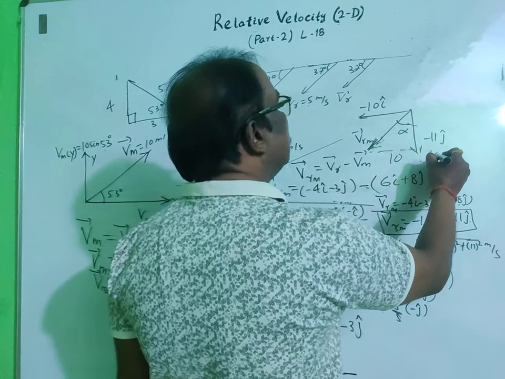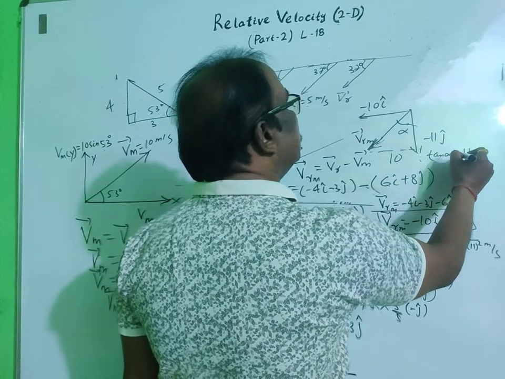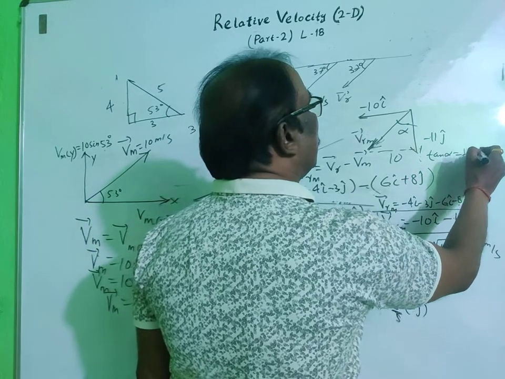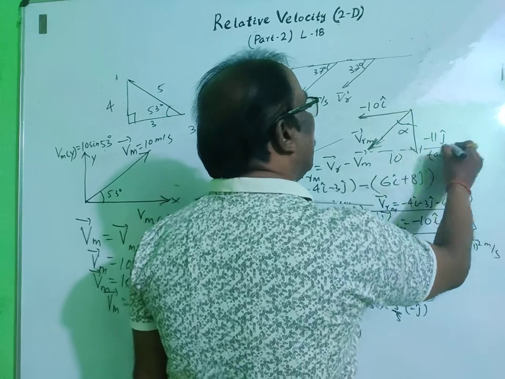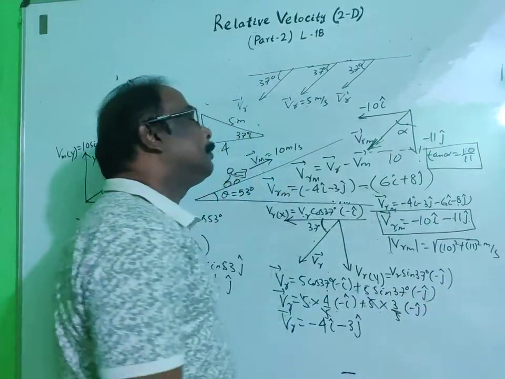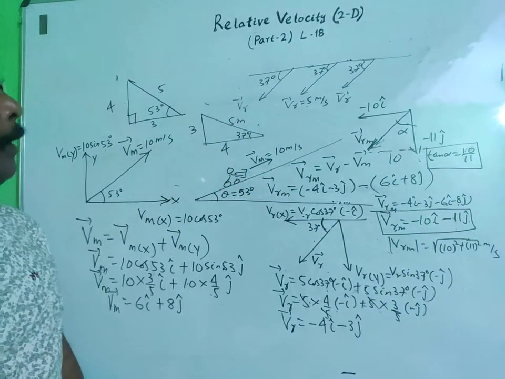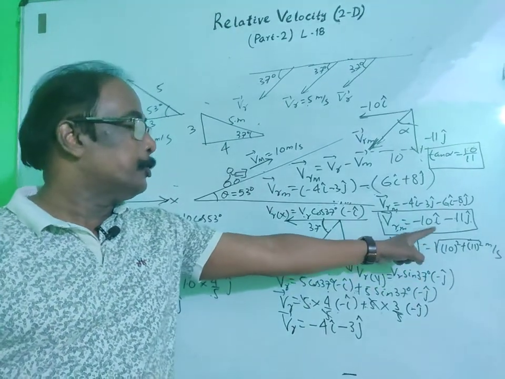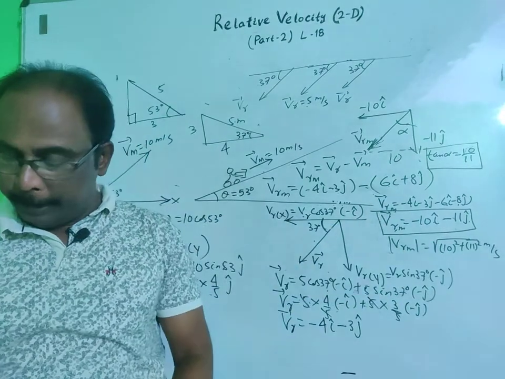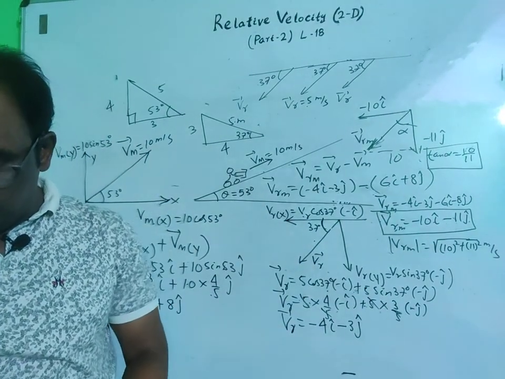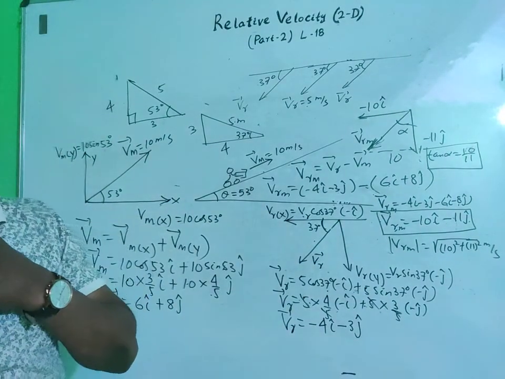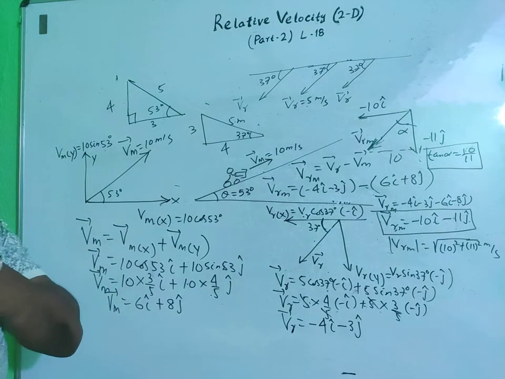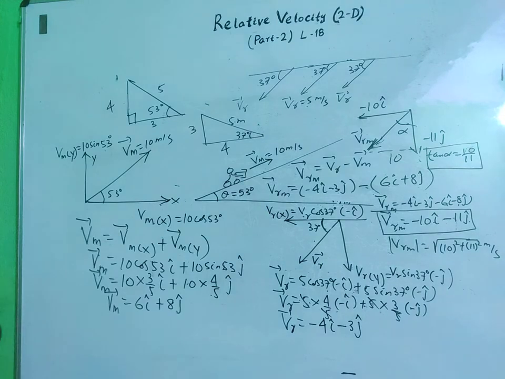Then obviously tan alpha is equal to 10 divided by 11, and alpha is tan inverse 10 divided by 11, and the magnitude you may calculate from this: minus 10 i cap minus 11 j cap.